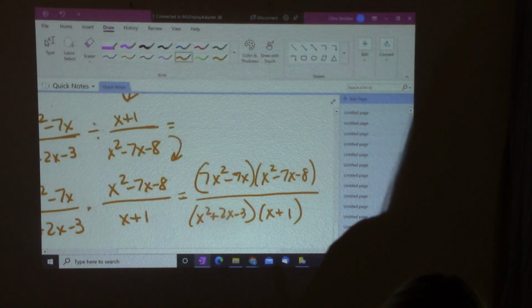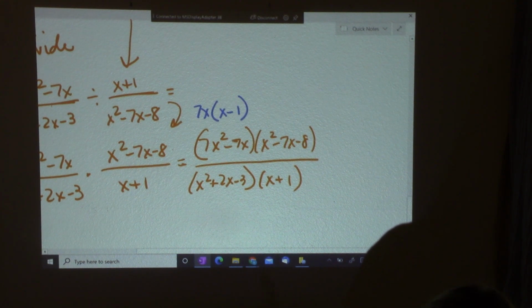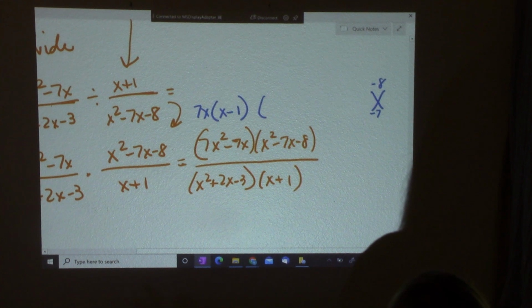Okay, so now I'm going to factor, and what's common to these two terms? 7x, and I'm going to pull out an x minus 1. And when I factor using magic x, what multiplies to be negative 8 and adds to be negative 7, it would be negative 8 and 1.